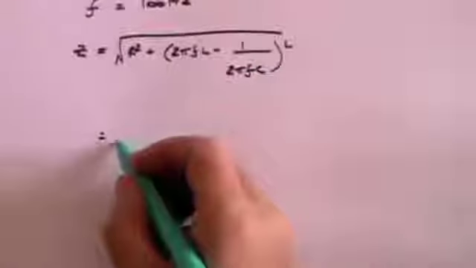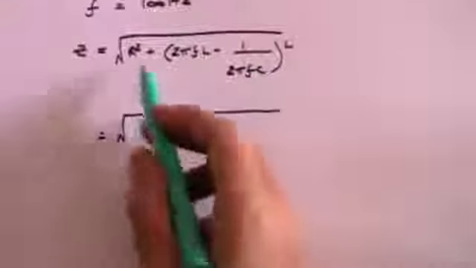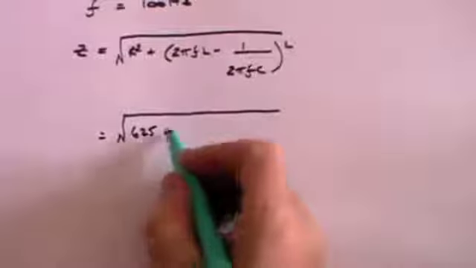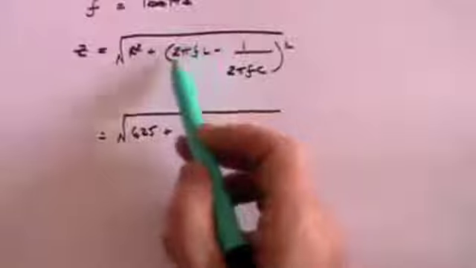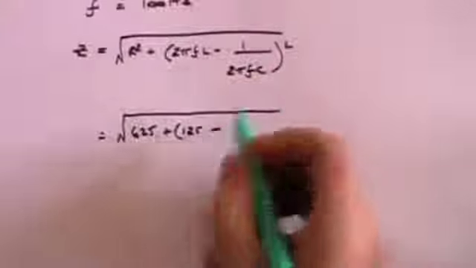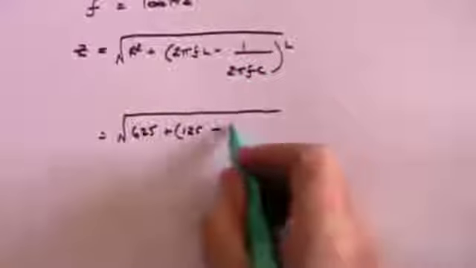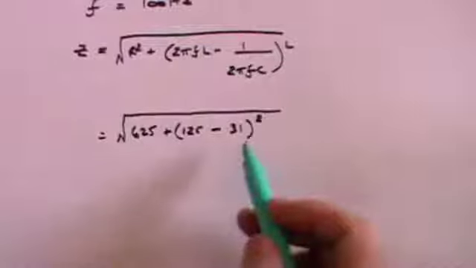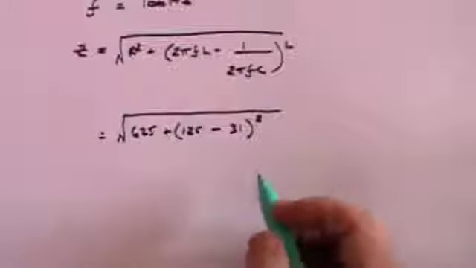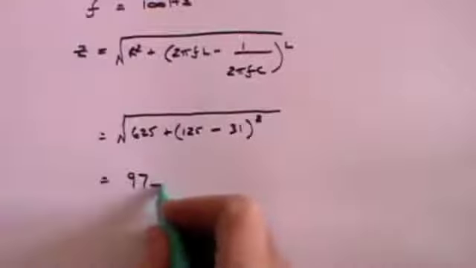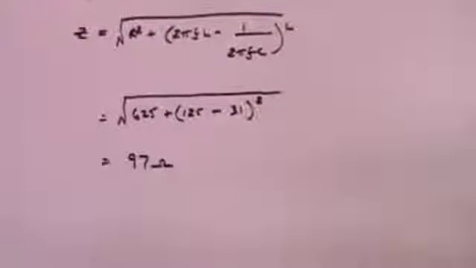And so you would get that the total impedance would be R squared, which is 625, plus this term with F as 100, which will now come out at 125, and this term will come out at 31. So now you get 125 minus 31, squared, and that will give you a total impedance, if you calculate it, of 97 ohms.